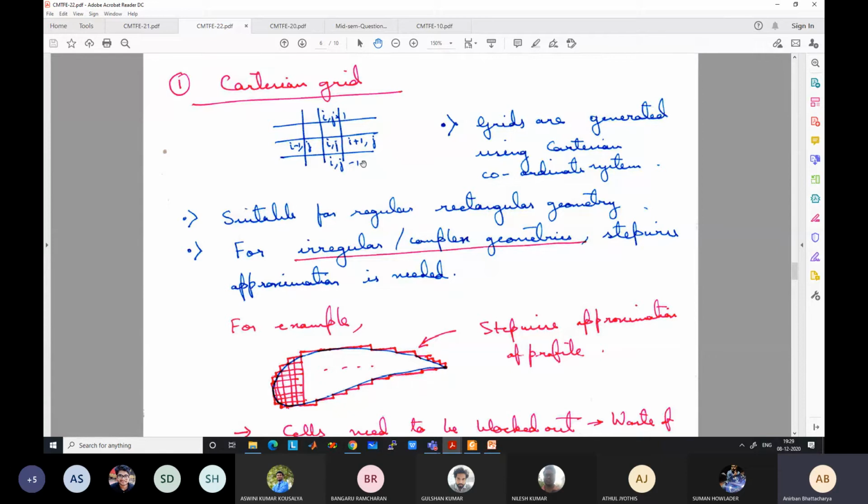If the lines are not orthogonal, then the flux calculation is more difficult because you have the grid point values, say this i j value and i plus 1 j value, and if I have an interface here which is not perpendicular to this line, it is slanted, the flux across that face should always be in the perpendicular direction of the face. But the perpendicular direction of the face does not coincide with this line going from i j to i plus 1 j.